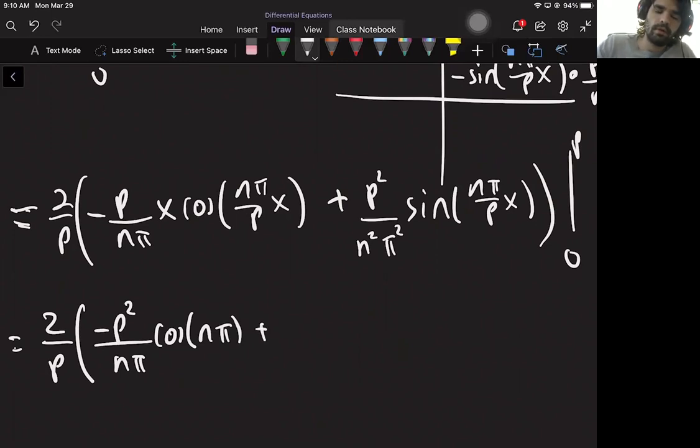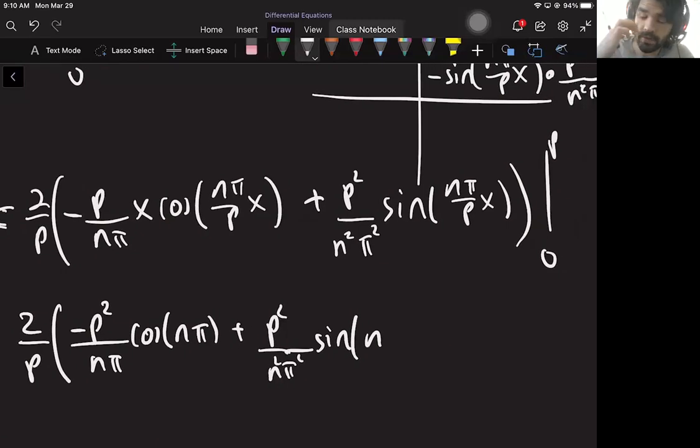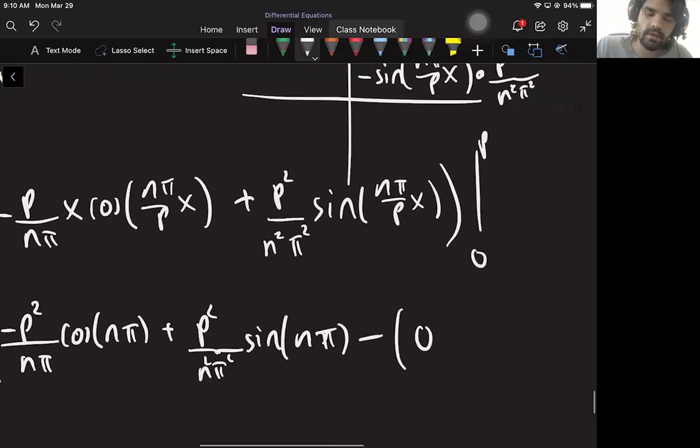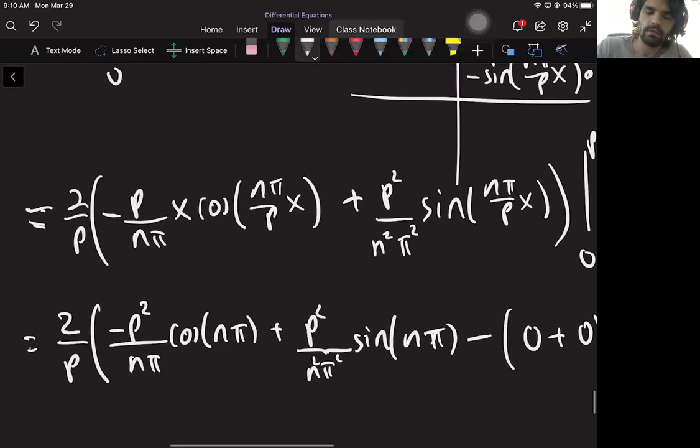Plus, plug p into the second part, p squared over n squared pi squared, sine of, same thing happens here. That x becomes p, so the p's cancel, and I get n pi. All right, so then minus, and I plug in 0. The first one, that x just makes everything be 0, and the second one, sine of 0 is 0, so that will go away. Nice and quick.